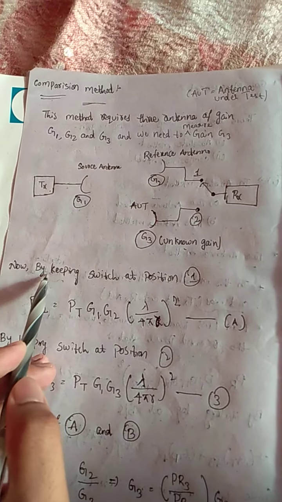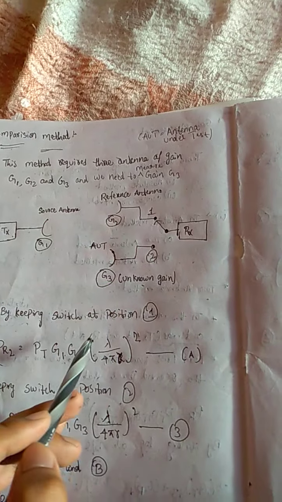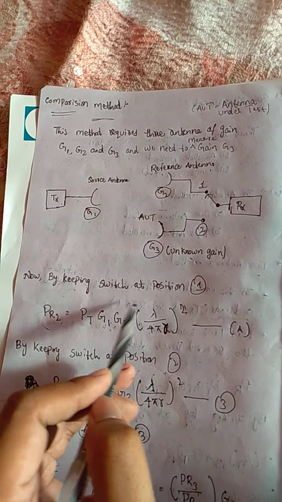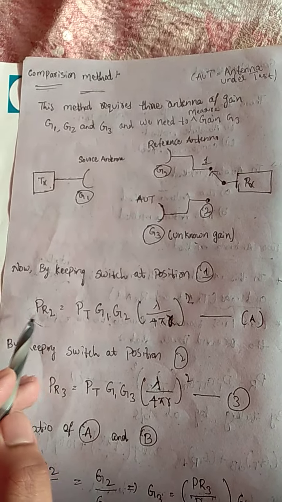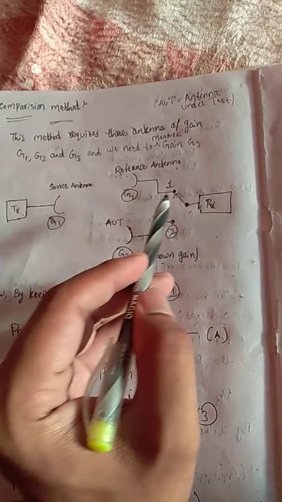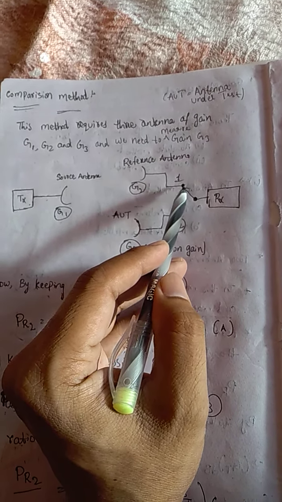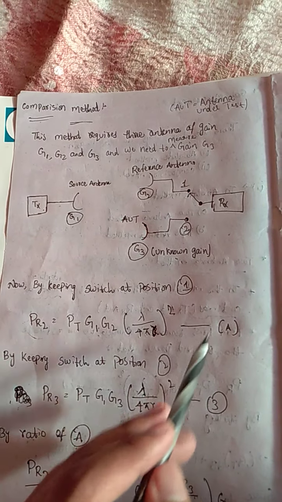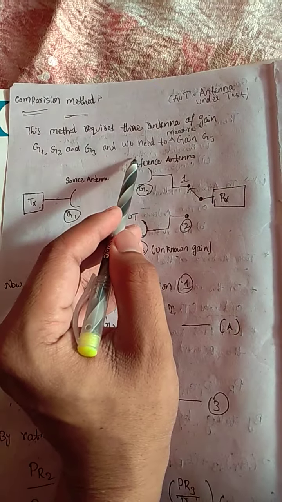Now by keeping this switch at position 1, we get PR2. In this equation we are talking about the reference antenna.